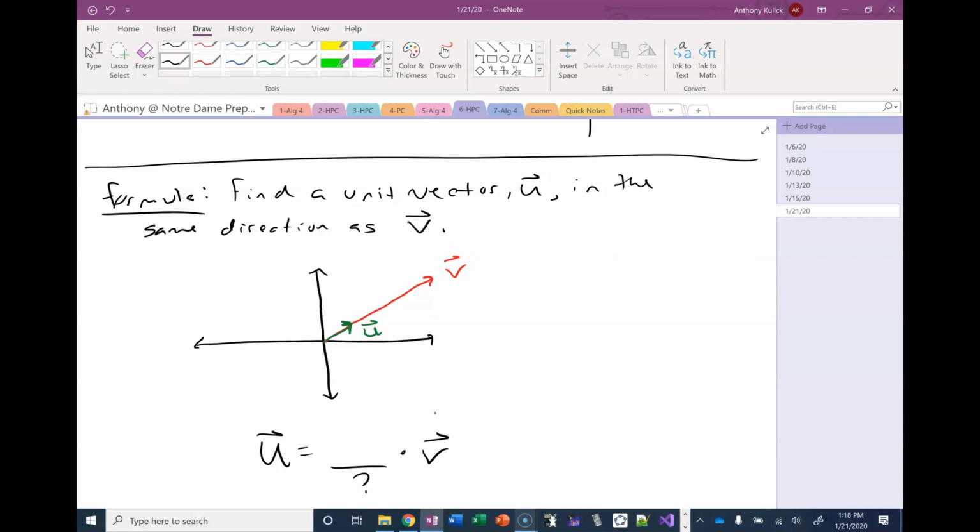Because 5 times 1/5 is 1. Okay? So now let's be a little bit more general. 5 was the magnitude of vector v in this case, right? So what does this need to be here? 1 over the magnitude of v.